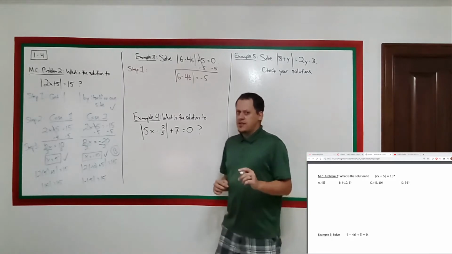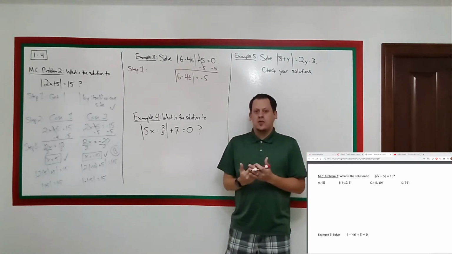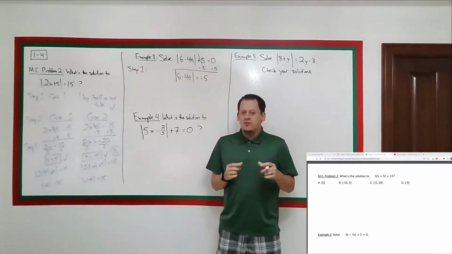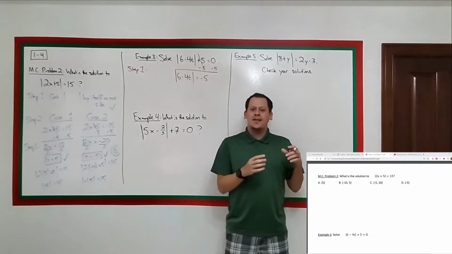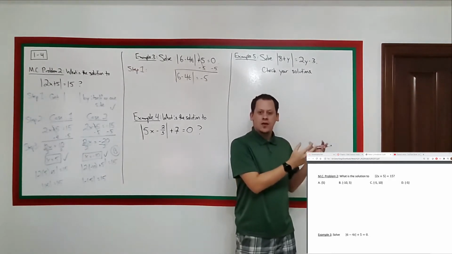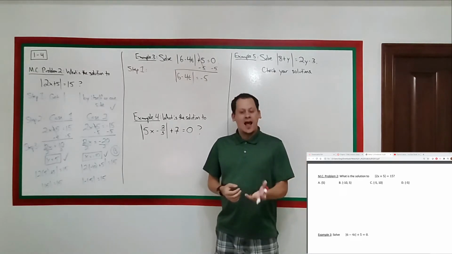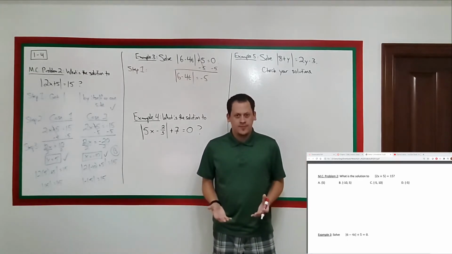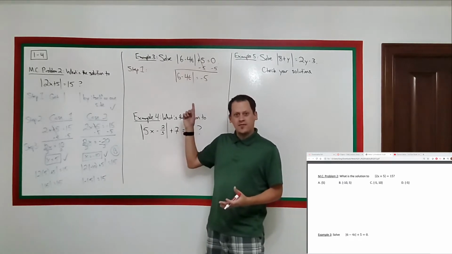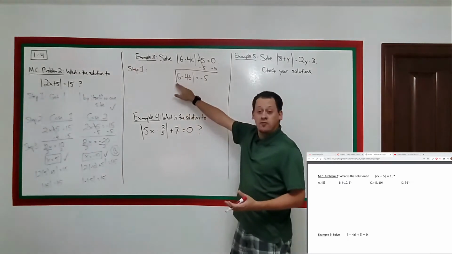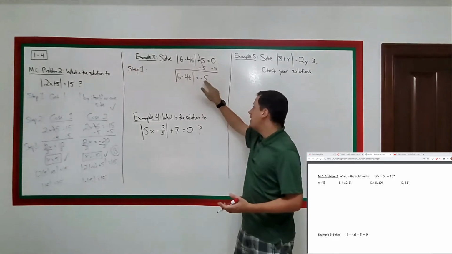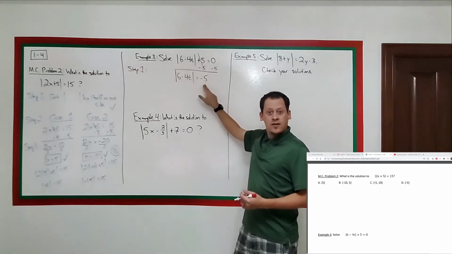Now, if you took notes in the last video and you've got those notes, we said an absolute value can never be what? An absolute value can never be negative. But take a look at what we have here. An absolute value of something equaling a negative number.